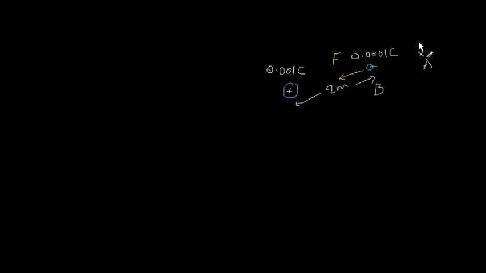So let's see. It starts from rest. And suppose that there is an additional distance here of 1 meter. So it gets attracted by the positive charge and moves over a distance of 1 meter.